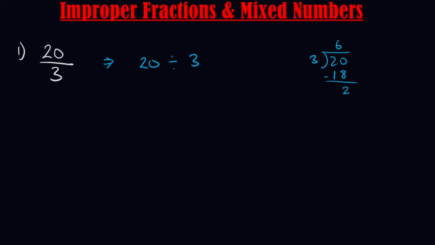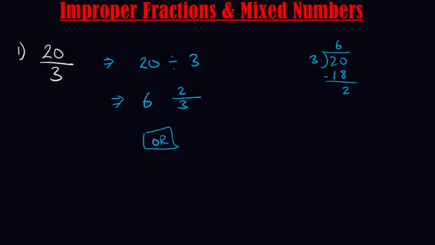Right, so we can get 6 wholes from the 20, and there's a remainder of 2. Therefore, our mixed number would be 6 wholes, and the remainder is 2, so the remainder will be our numerator. We write back our denominator, which is 3.